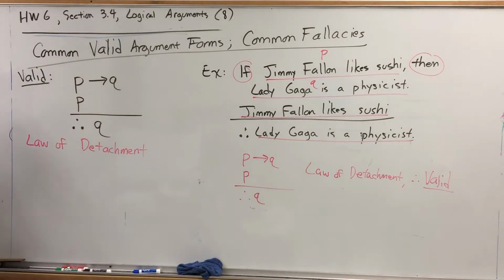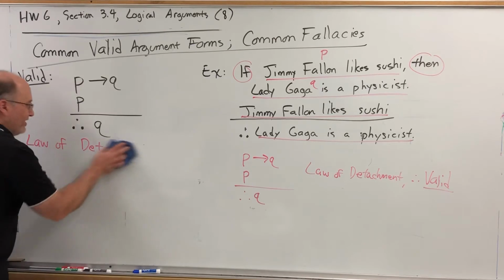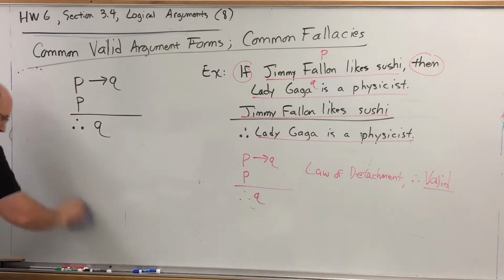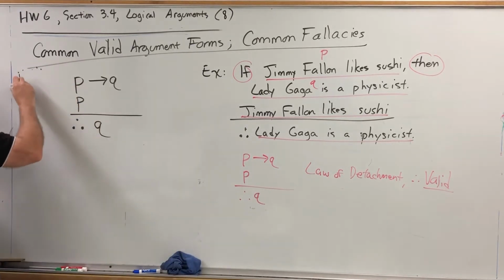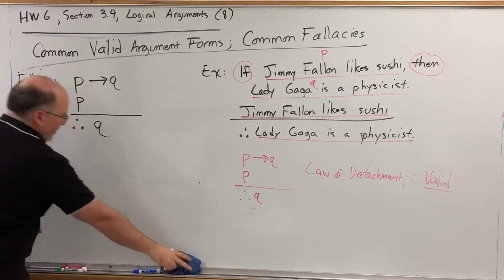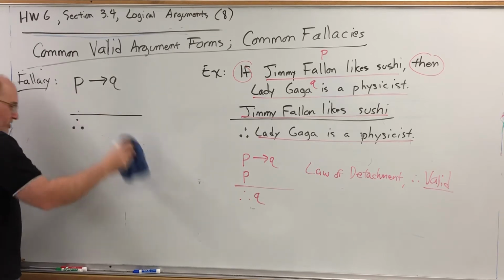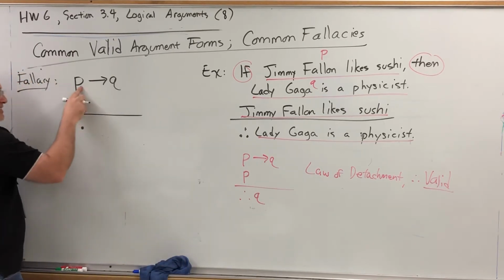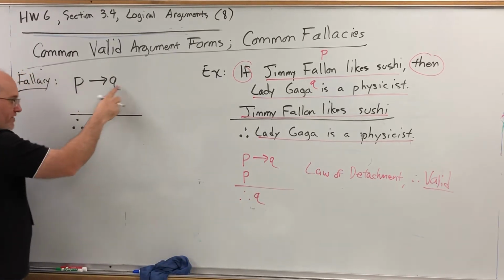So we've already seen one common valid argument form, the law of detachment. And we've already seen one common fallacy. The second one that we did was a fallacy. The one that said, premise number one, if I stay at home, then I will not catch COVID-19.